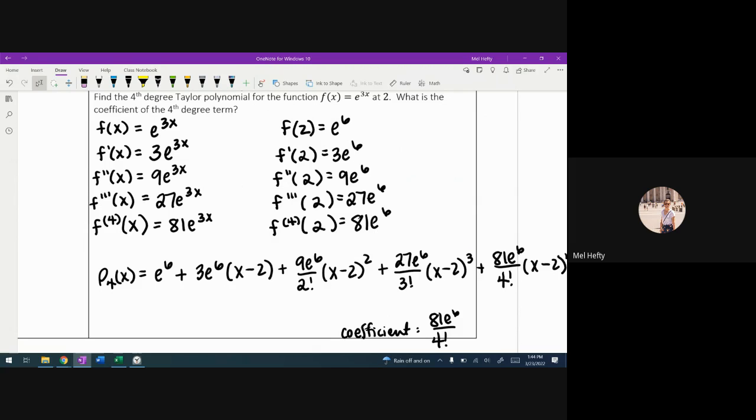So you're trying to find the coefficient of the third degree term. That's coming from your third derivative over 3 factorial with your center plugged in. So can you take 3 derivatives and plug in your center?